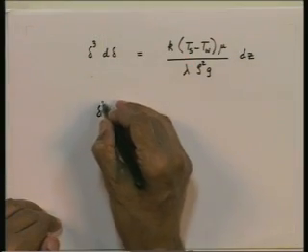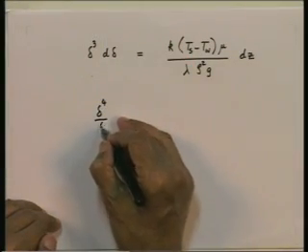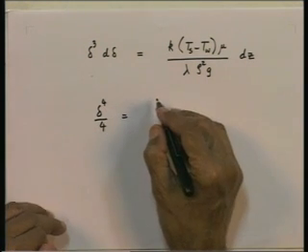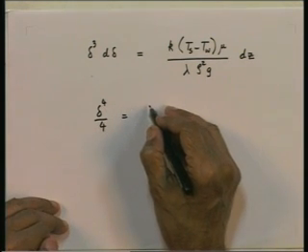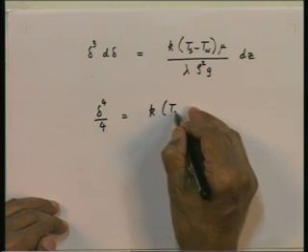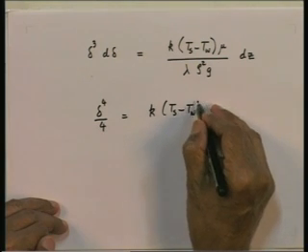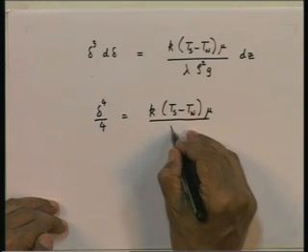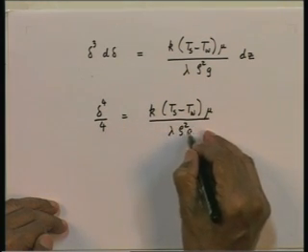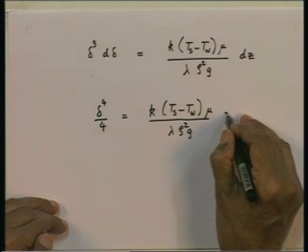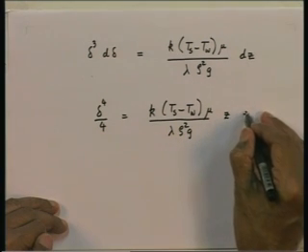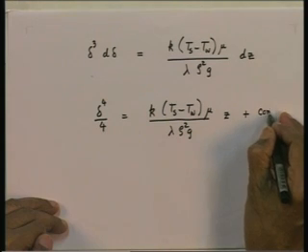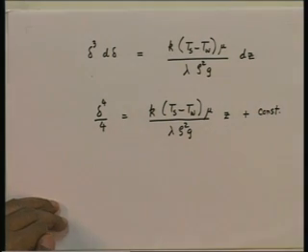Now, let us integrate this expression. If I integrate this expression, I will get delta to the power of 4 divided by 4 is equal to k (T_s minus T_w) mu divided by lambda rho squared g multiplied by z plus a constant of integration.